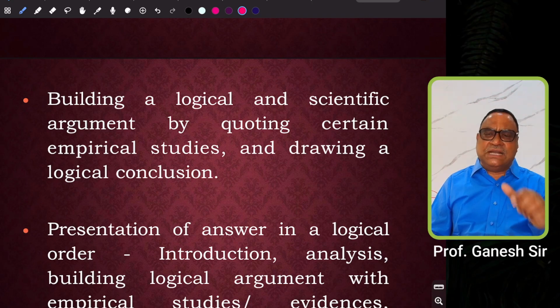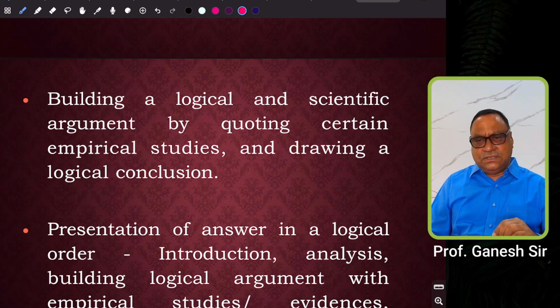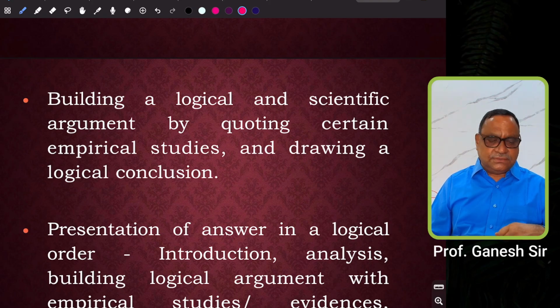Each of them has studied the caste system with a particular sociological perspective. So if the student is able to mention such empirical studies as part of their answer, they can impress the examiner, and that will help them to score good marks.